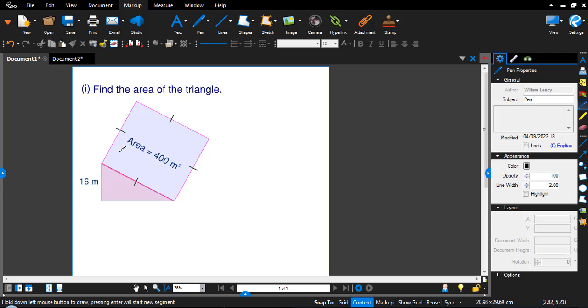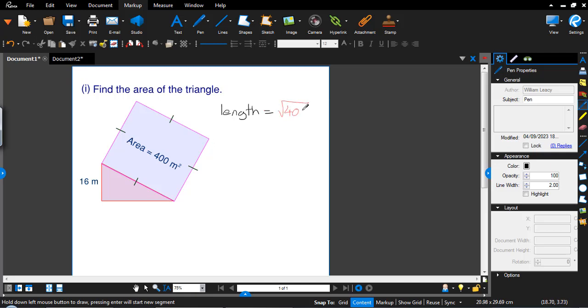So this is 400 meters squared in area, and it's a square signified by these lines. So the side length is going to be, so we could just put length if you want. So the length is obviously the square root of 400, right?